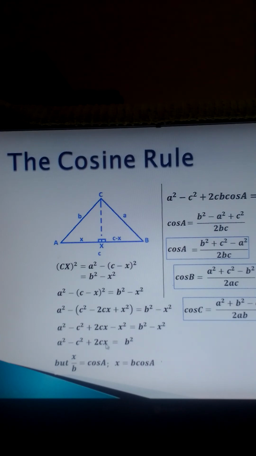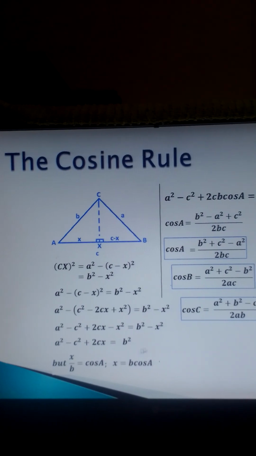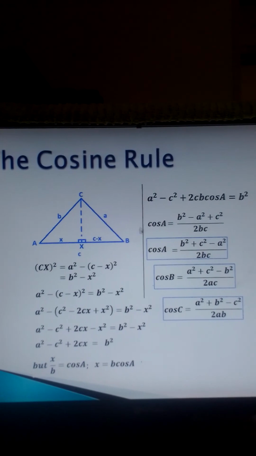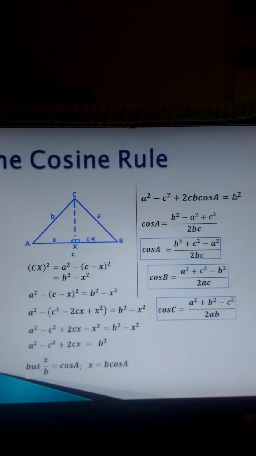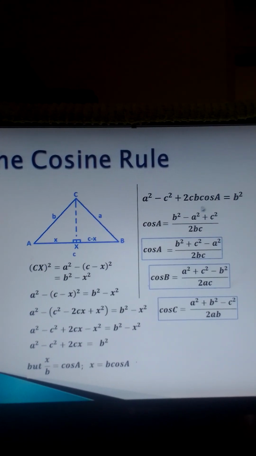So where there is x, we put b cos A. So we find it is a squared minus c squared plus 2cb cos A is equal to b squared. Now we can make cos A the subject of the equation. So that means cos A is equal to b squared minus a squared plus c squared, then divided by 2bc.